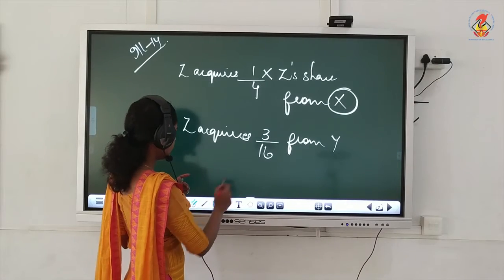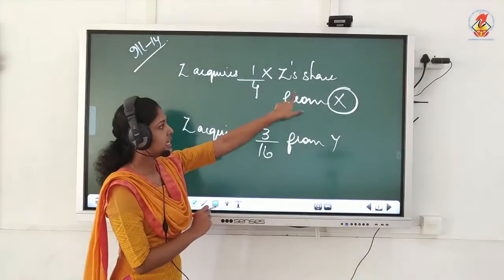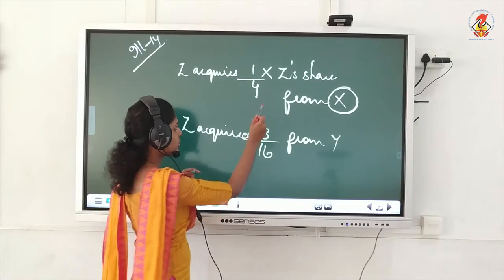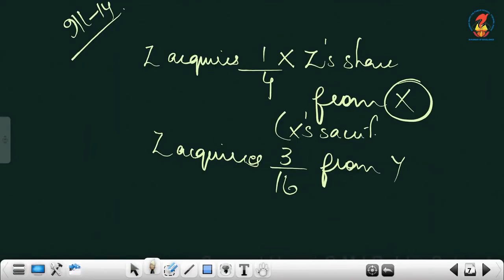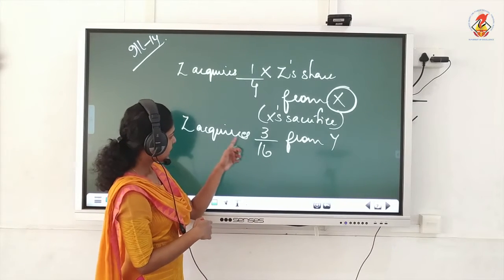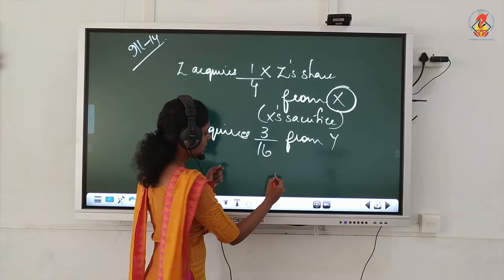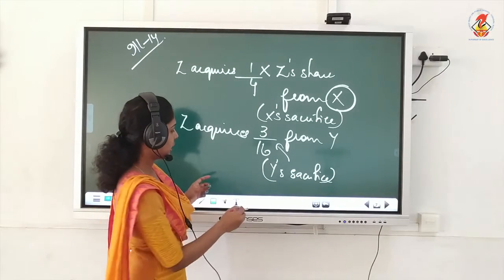So 1/4 of his share is taken from X. So this will be called as X sacrifice, isn't it? What he gets will be X sacrifice. Similarly, 3/16 is taken from Y. So Y's sacrifice is 3/16. Did you understand so much? Next.